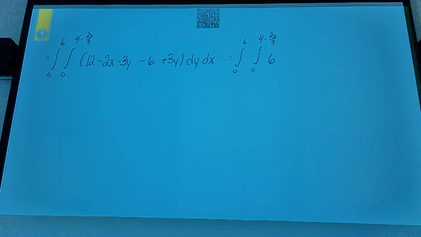Minus 6 is 6, minus 2x, and the y's cancel out.